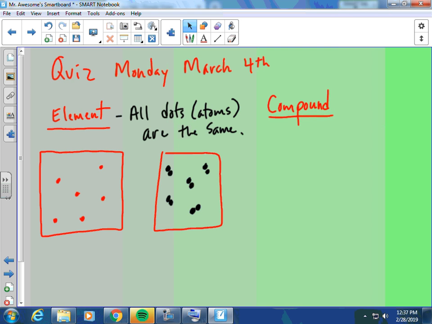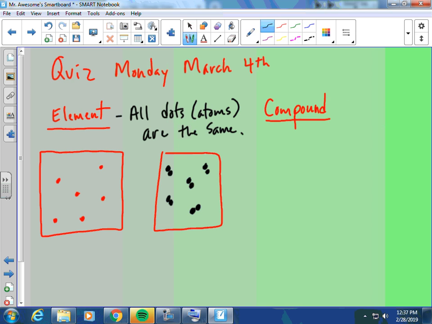With compounds, we're going to have more than one dot. And we're going to stick them together. So maybe I have a blue dot stuck to a red dot. That would work.